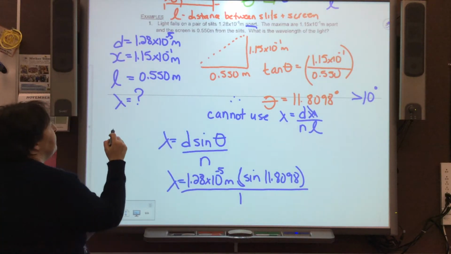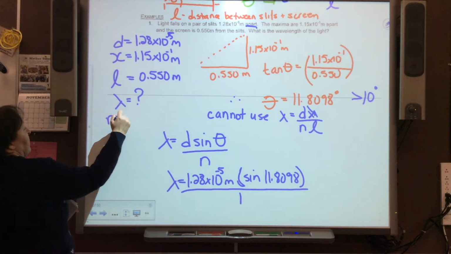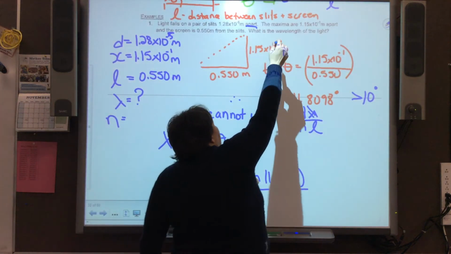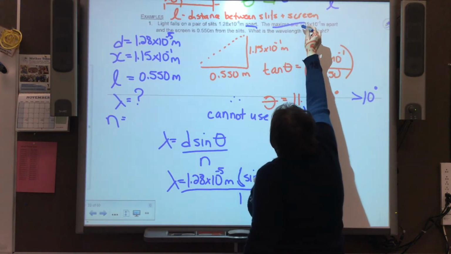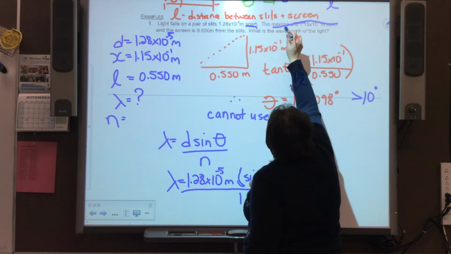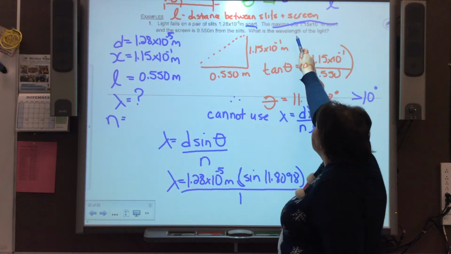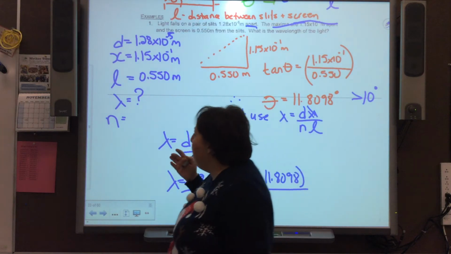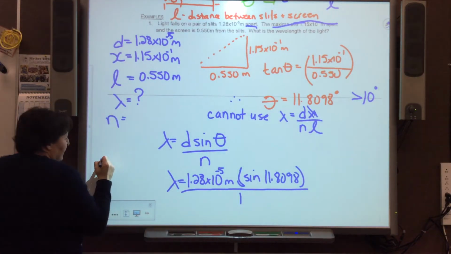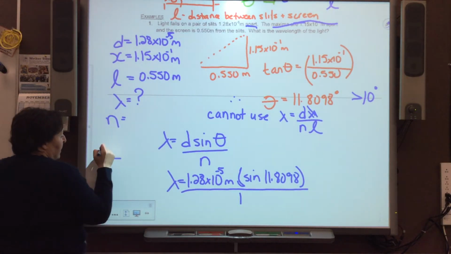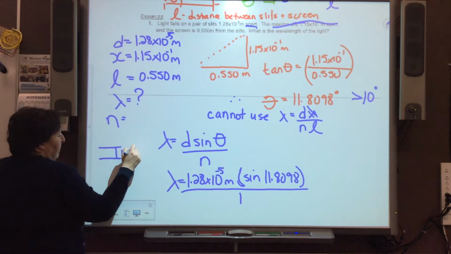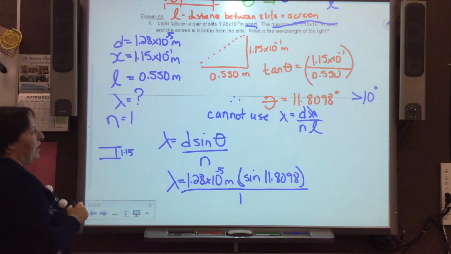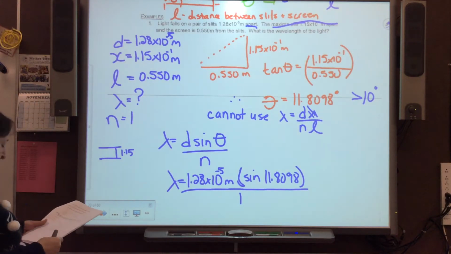Okay, the other thing that we don't have here is the n. Right here, the maxima are 1.15 times 10 to the negative 1. That means that from this bright line to this bright line, this distance is 1.15. So n is equal to 1. They're only 1 apart from each other.